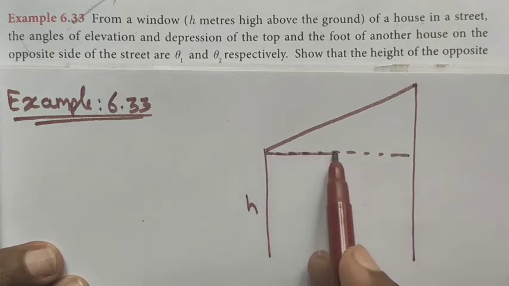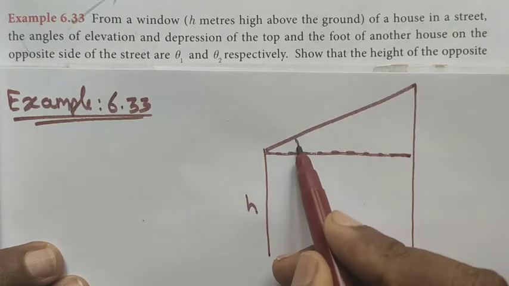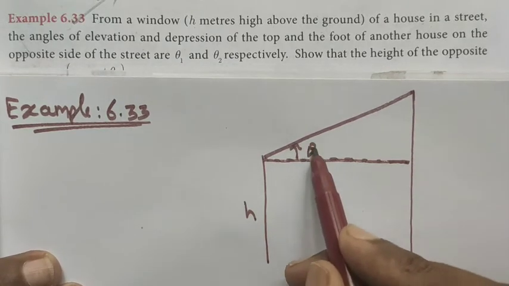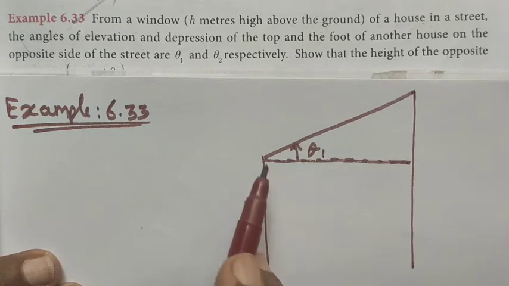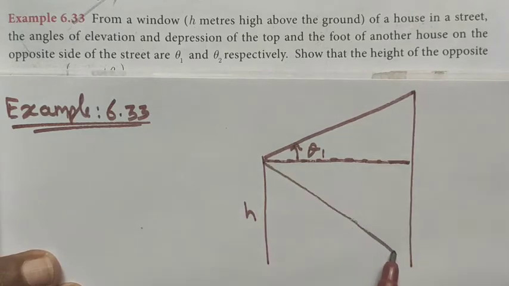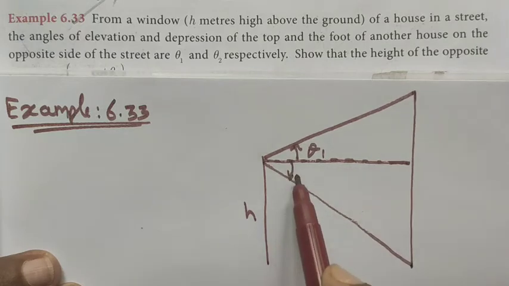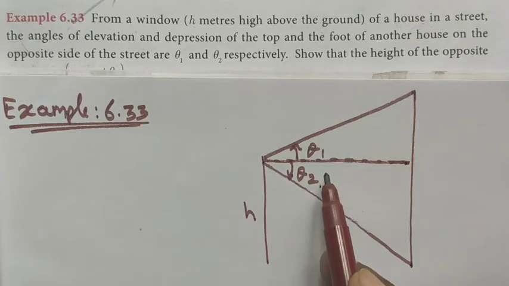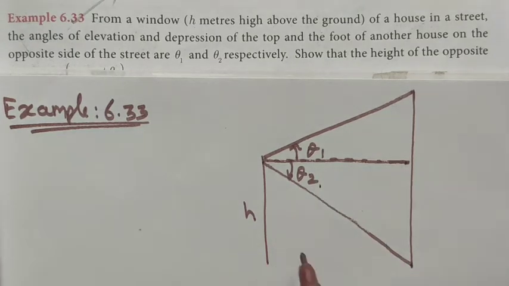Angle of elevation means above the horizontal line, as theta 1, for the top, and for the foot the angle of depression, let me take it as theta 2. The angle of depression means below the horizontal line, above is the angle of elevation.